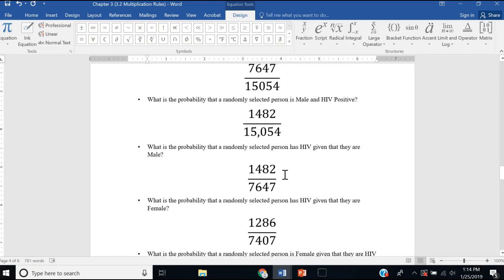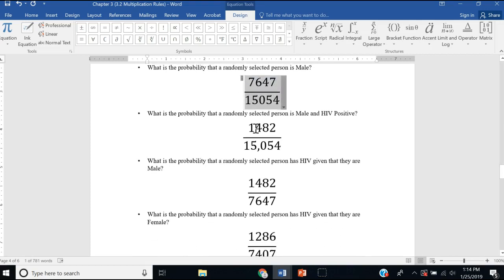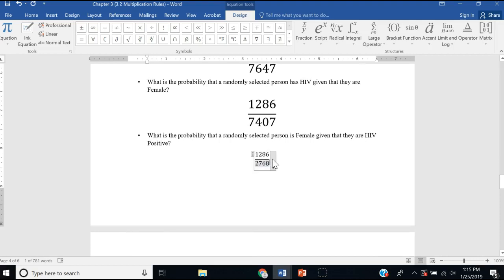Obviously, I've just left these as big fractions in all of my answers, all right? But when you're doing this in Moodle, it's going to ask you to give a decimal, 0.4646. All right, in this final case. So 1,286 out of 2,768 gives me that decimal. You could have also reduced the fraction.